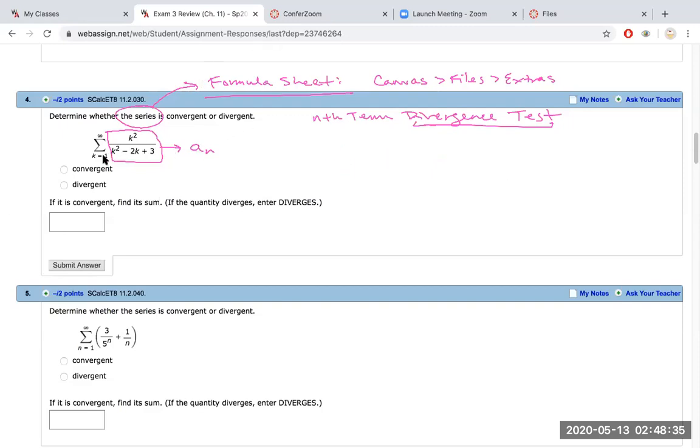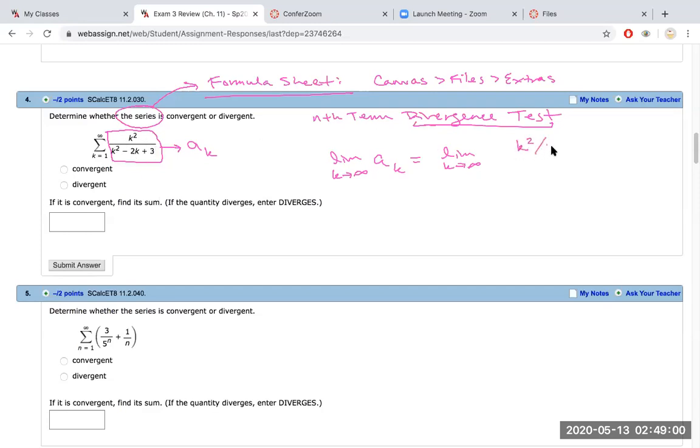Do note that we have k's, not n's here, so let me change that. Use the index value here. So we want the limit as k goes to infinity of a sub k. That's the limit as k goes to infinity of this expression right here.